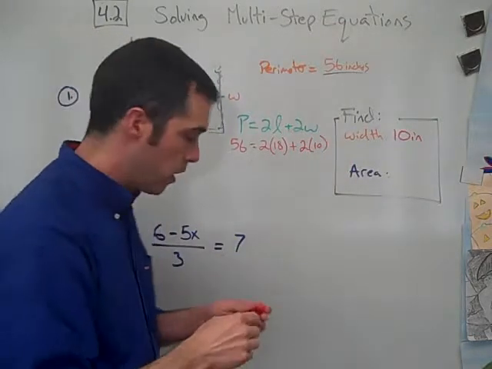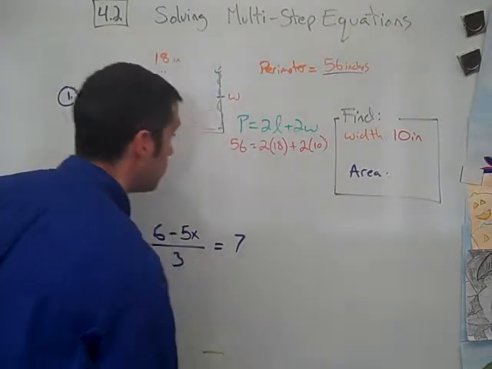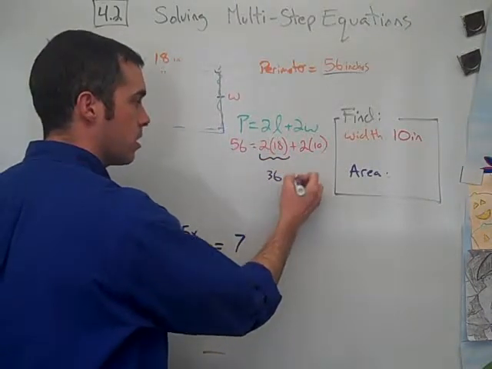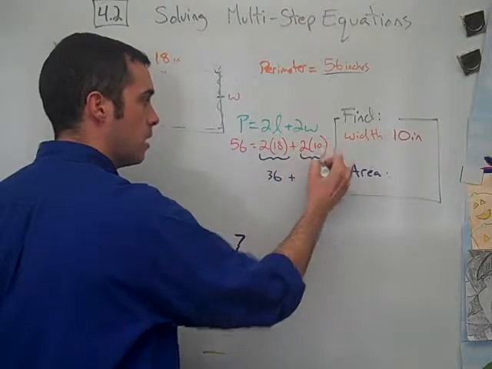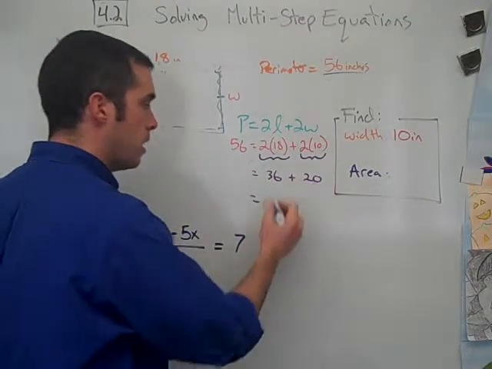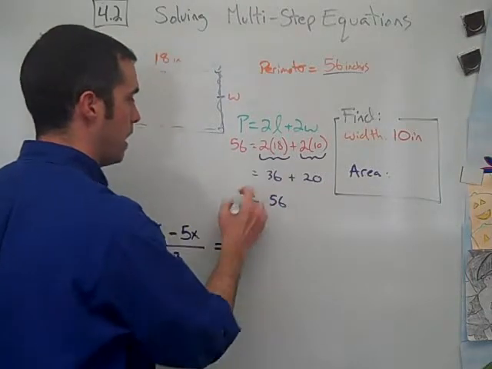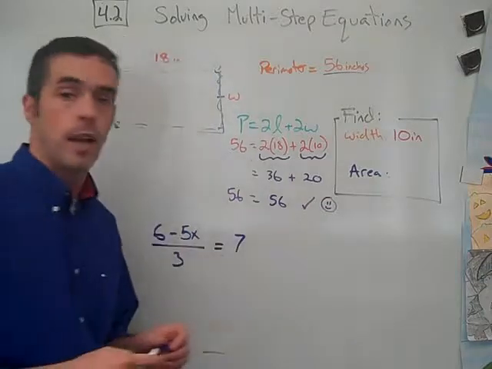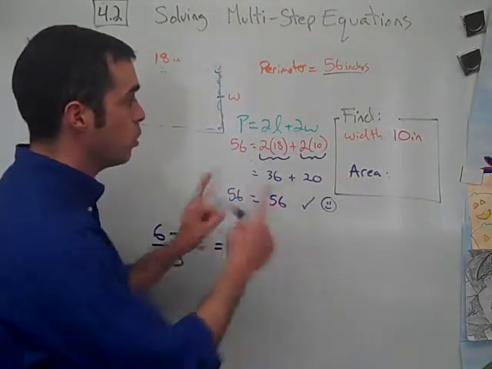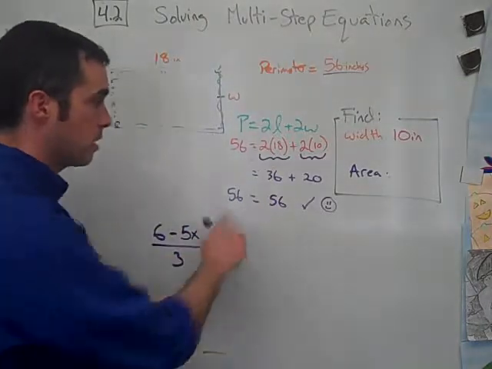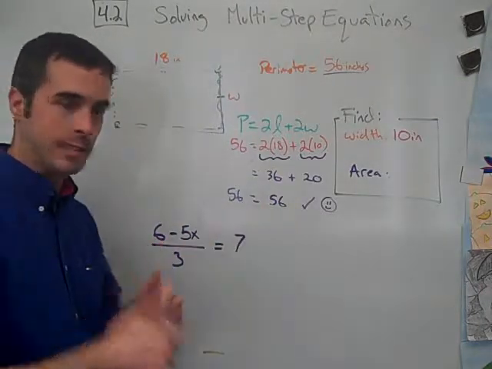So I'll use order of operations to check my work. 2 times 18 is 36. 2 times 10 is 20. 36 plus 20 is 56, and that's what it was supposed to equal. So I'm happy. I checked my work. I used the substitution property to substitute in my measurements, and it balances. I have a balanced equation.